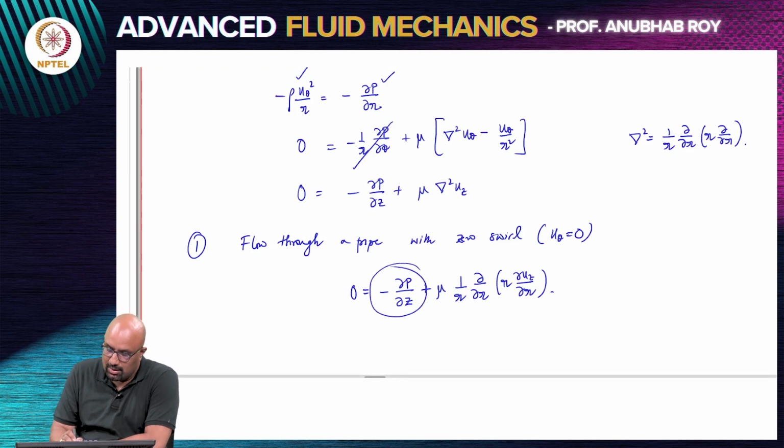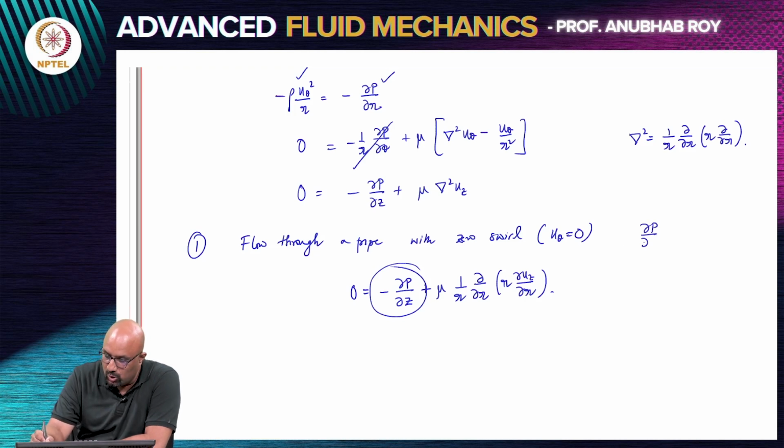Now if you go back to your earlier statements, if there is no swirl in the problem, then dou P dou R is equal to 0.